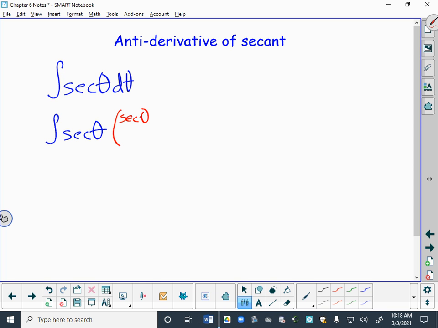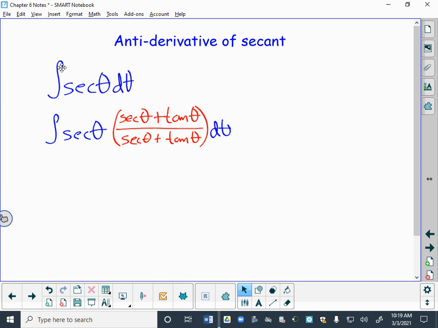And they said multiply by 1 in this form: secant theta plus tangent theta over secant theta plus tangent theta. Okay? Both have the same domain, so within the domain of everything here, this what's in red will always cancel to be a 1. Okay? And we've still got the d theta hanging out on the end there.